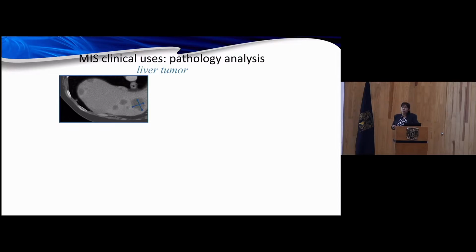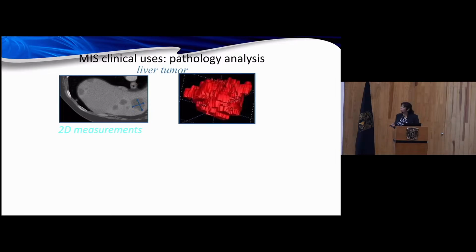As I said, there's a variety of users, and it all depends on the problem that you want to attack. Maybe in 2D measurements, I'm just going to try to measure two distances along two axes, but maybe I don't want that. I need something more like a 3D volume, to calculate the 3D volume and do a measurement for that.